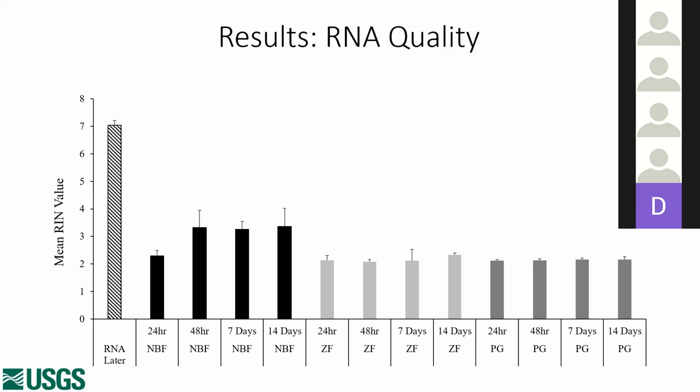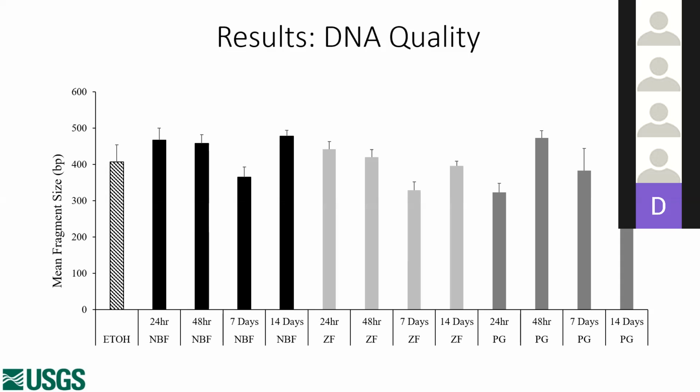And Z-fix and PAXgene were relatively similar as far as quality goes. So my guess as to why neutral buffered formalin samples at 24 hours had a lower quality could be that it wasn't a long enough fixation time, and maybe 48 hours to 14 days was better for the fixative to actually penetrate throughout the entire tissue. So there might not have been complete fixation of the tissues at 48 hours.